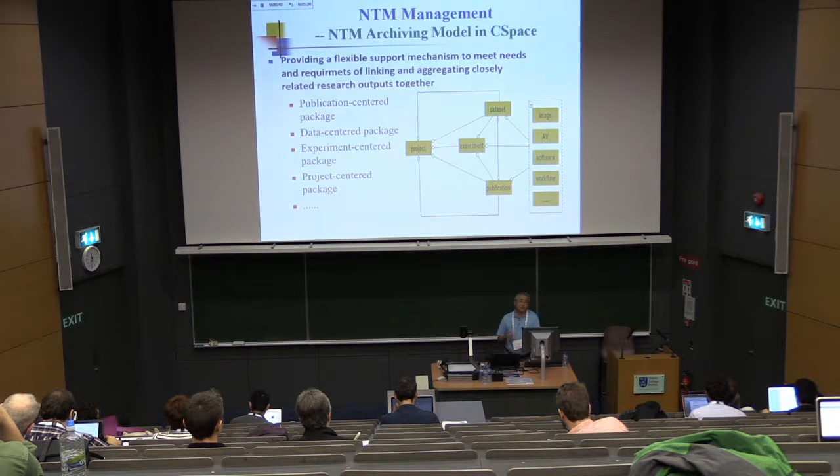We can introduce a new type, for example a new type of experiment, and all research outputs produced in the experiment can be packaged together as a whole. Taking a step further, we can also create a project-centered package.